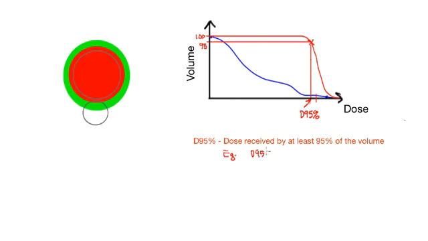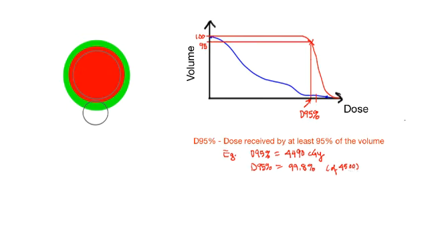Here's an example. Let's say D95% was, let's say 4490 centigrade. This is just an example. Okay, another way to write this, D95% might be 99.58%, okay, of a goal of 4500 centigrade.